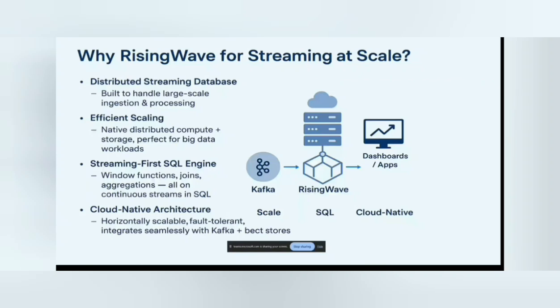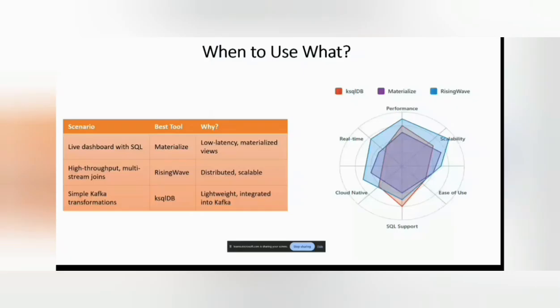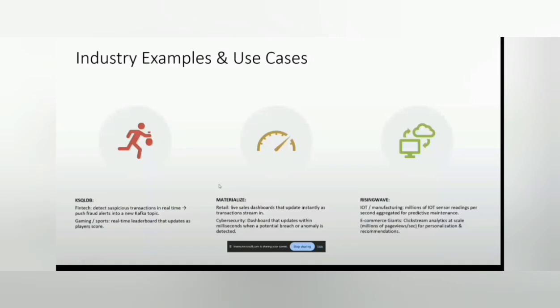So yeah, this slide actually summarizes all three: KsqlDB, Materialize, and Rising Wave. There's a quick chart here that shows you the difference between the attributes of all three. Okay. So these are industry examples and use cases. We've picked a few of them while we were going through the slides.